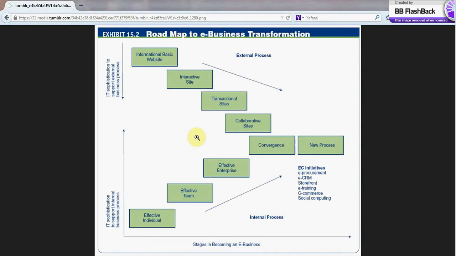So from internal business process, you have to make yourself effective, and you should have effective team and effective enterprise. And from external business process, you can do informational basic website, interactive site, transactional sites, and collaborative sites, and convert it to new process. So that's the stage of becoming a business.